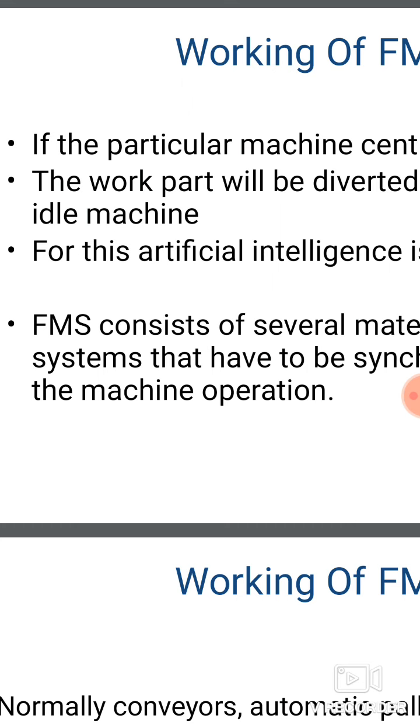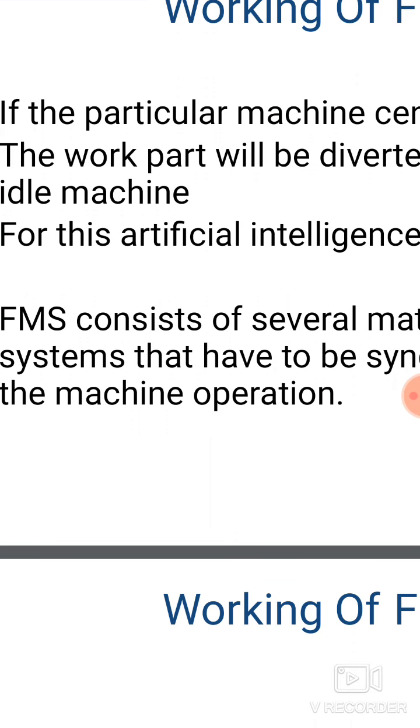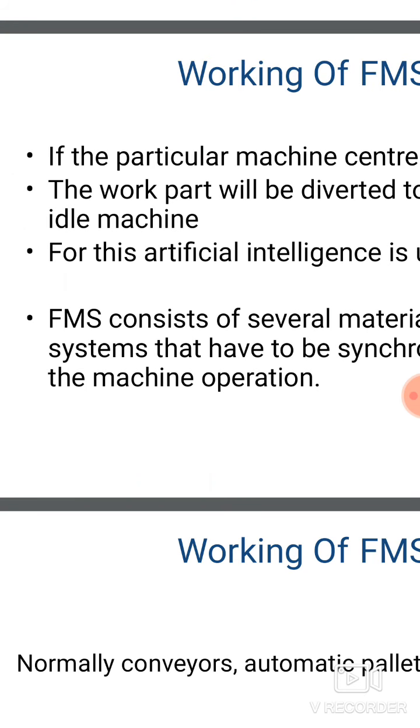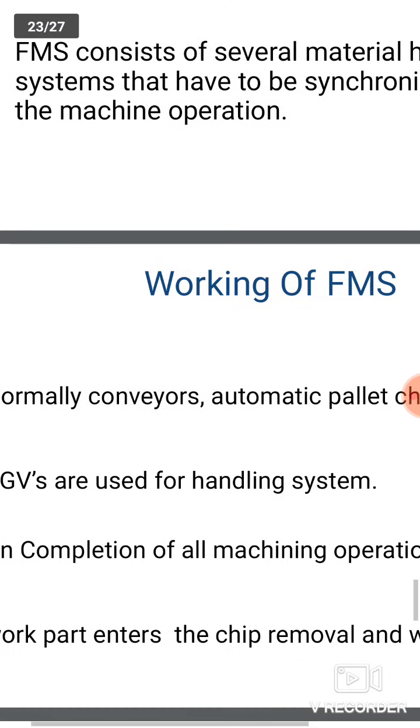There it will complete its work and again come back to the third machine, where it was not done. This way FMS will be connected and manufacture automatically without any problem. Okay, that is the working of FMS.